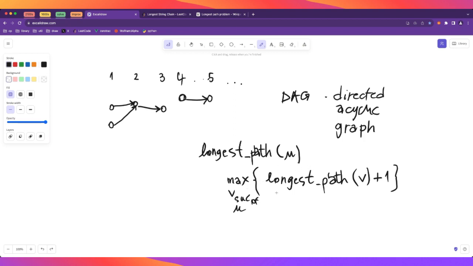And if it doesn't have any successor, then the length from U is going to be 1, but we're not going to write that down. It doesn't matter.